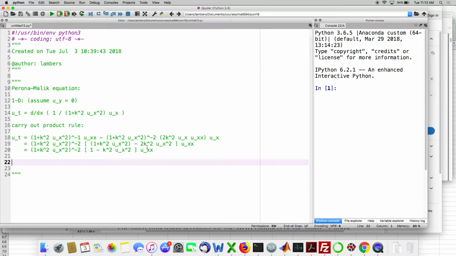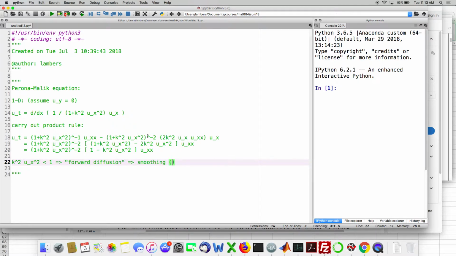So what that means is this coefficient of uxx is not necessarily positive. It all depends on how large this term is. So what we have is if k squared ux squared, which is going to be positive of course, is less than 1, that's regular or forward diffusion because the coefficient is positive.